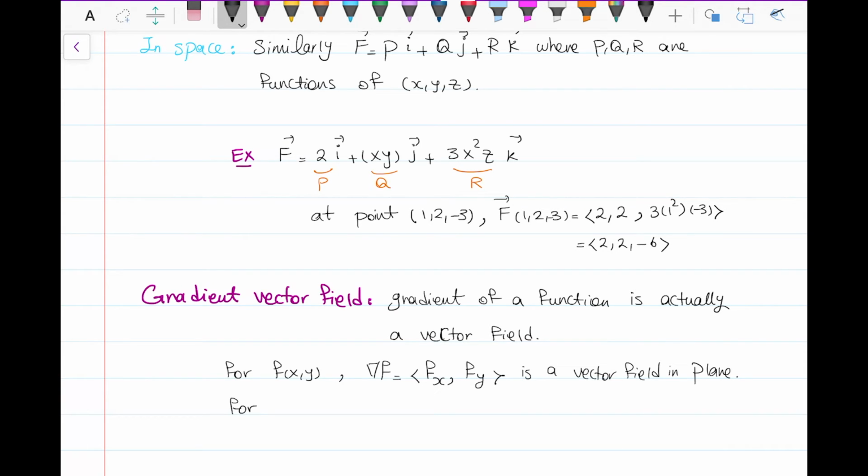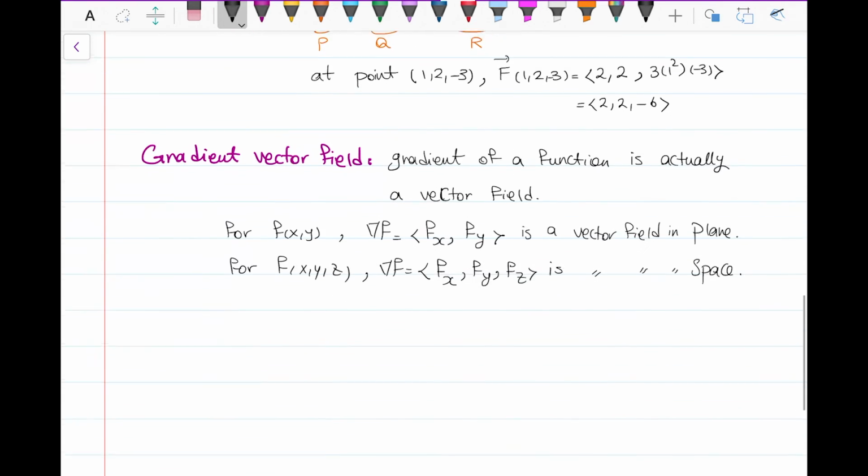And for a function of 3 variables, x, y, and z, the gradient of f, which is the partial derivative of f with respect to x, with respect to y, and with respect to z, is a vector field in a space.